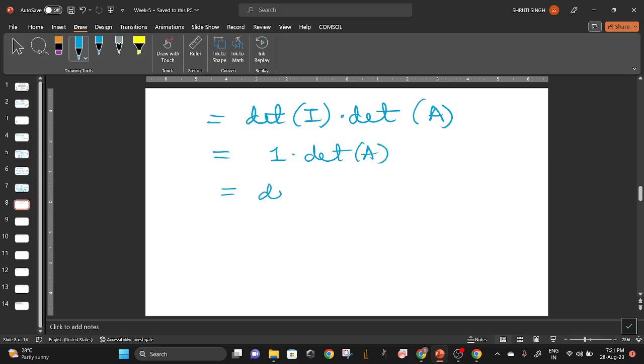So this comes out to be determinant of A. Therefore, even after performing similarity transformation, the determinants remain unchanged. The trace or character remains unchanged, and there is one more property, that the eigenvalues remain unchanged.